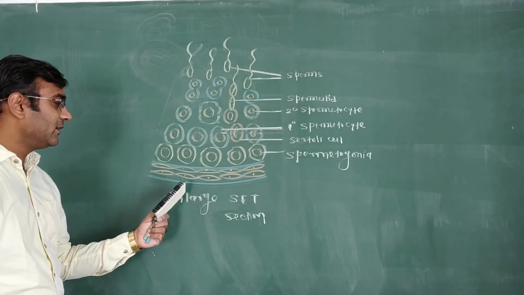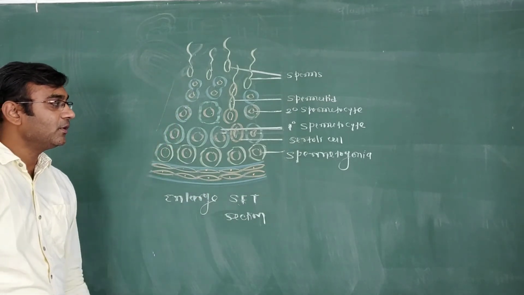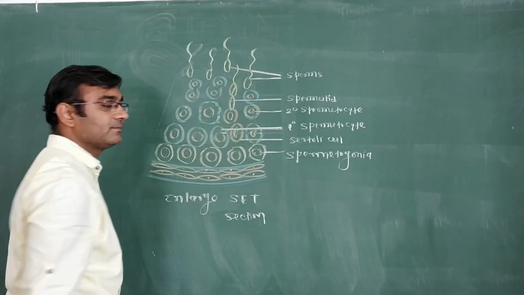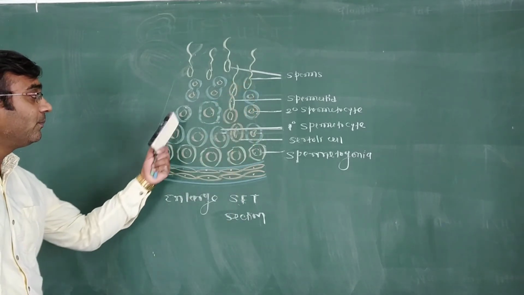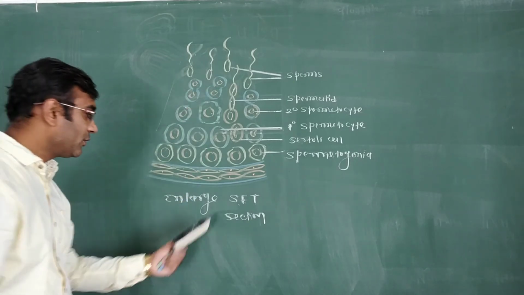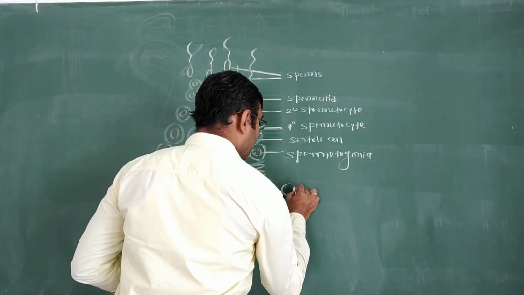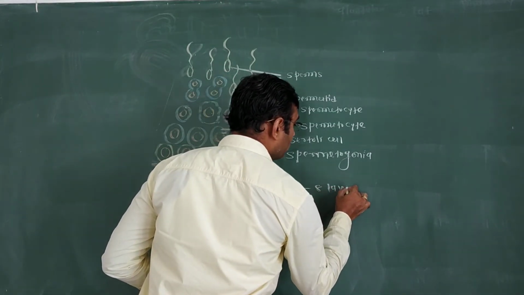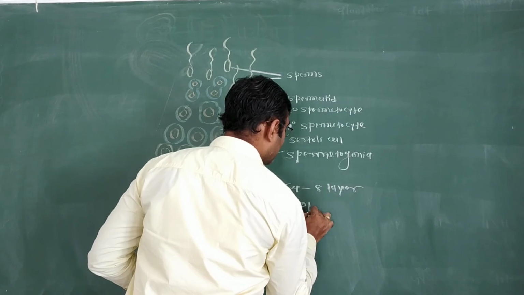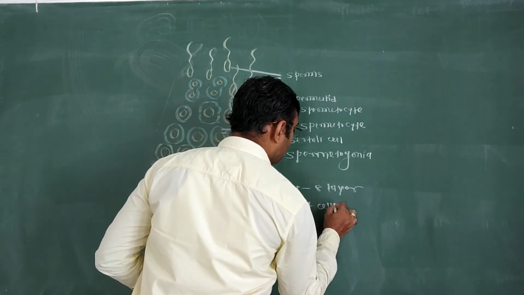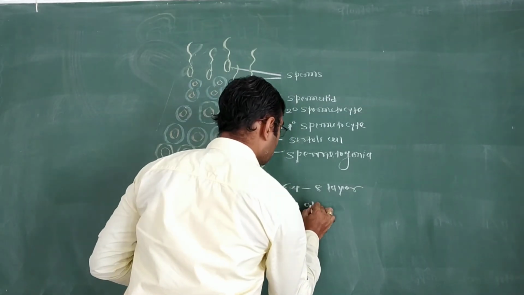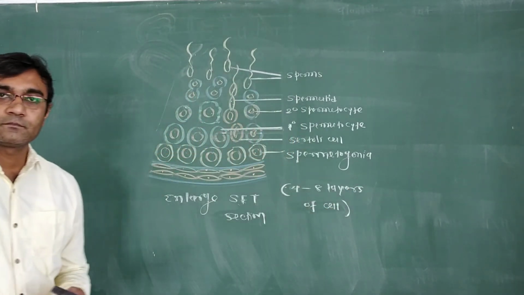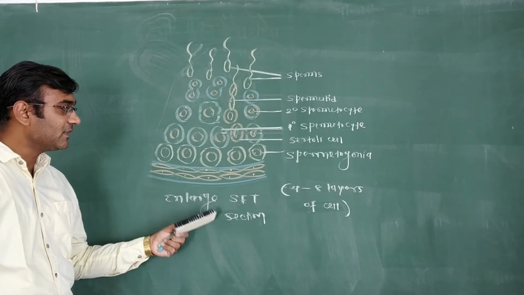So inside the section of the seminiferous tubule, there is one row, then second, third, fourth, fifth, a high number of rows of cells. There are a minimum of 4 to a maximum of 8 layers of cells within the seminiferous tubule.